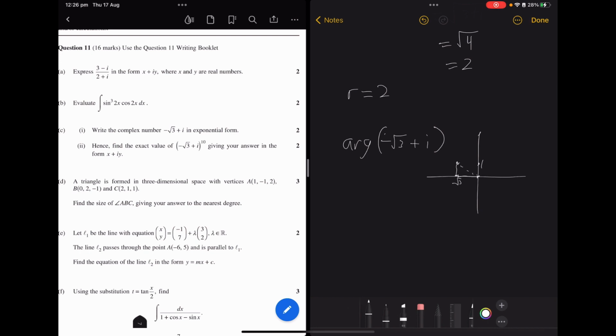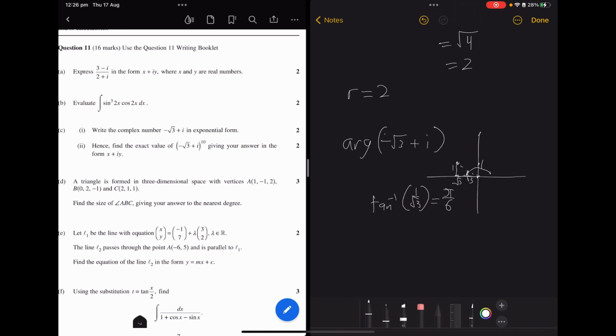So the argument of that is just going to be pi minus whatever this angle is. If you know your rules, that's 1, that's root 3. So tan inverse of 1 over root 3 is just pi over 6.